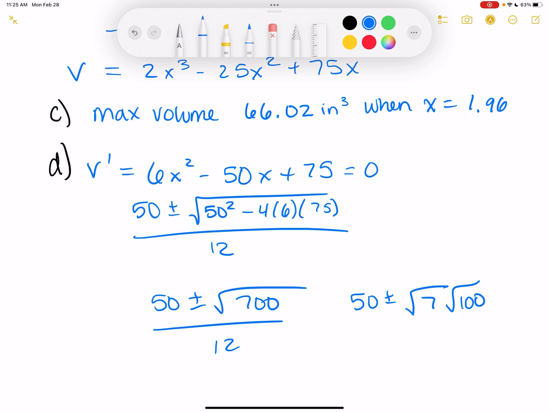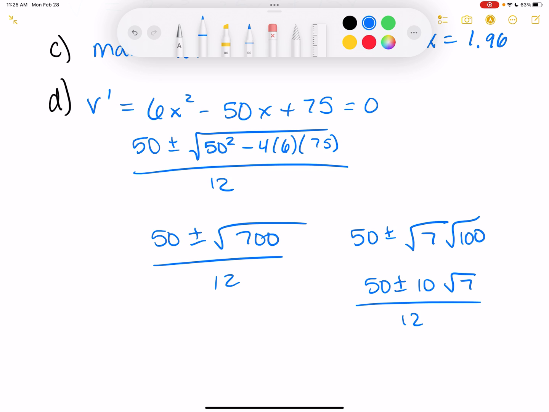So then this would be 10. So 50 plus or minus 10 square root of 7 over 12. I can take a 2 out of everything, so that gives me 25 plus or minus 5 root 7 over 6.